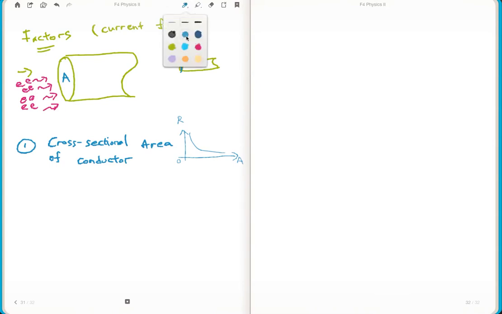Second factor, the length of the conductor. How is that so? If you've gone through some examples, you have two lengths, say one in a coil.